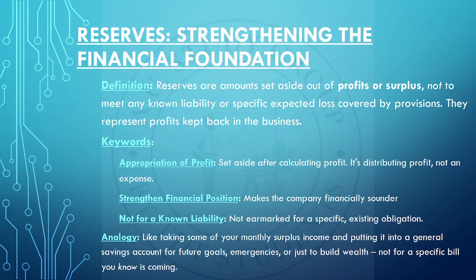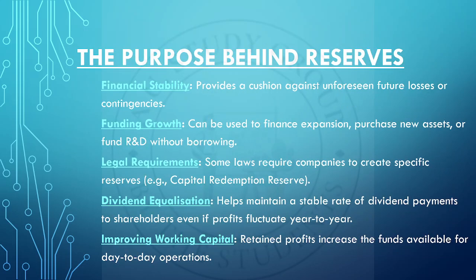Reserves are an appropriation of profit, not a charge against it. Remember, this is very important. Reserves are appropriation of profit and provisions are charge against profit. Now, why do we need reserves? Reserves build financial stability, a safety net.